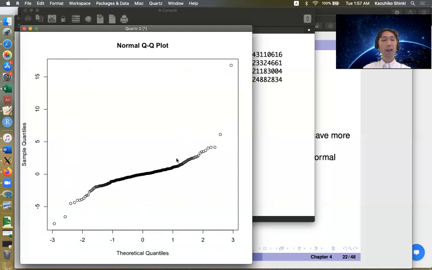That's why it doesn't satisfy the condition; the pattern does not follow a straight line. For a heavy-tailed distribution, we have a kind of inverse S-shape, or in terms of polynomials, the pattern is similar to y equals x cubed or something.